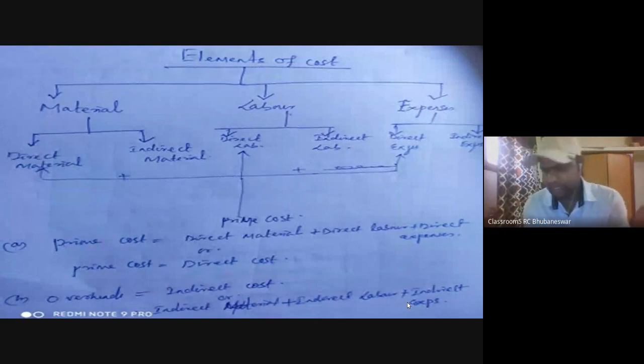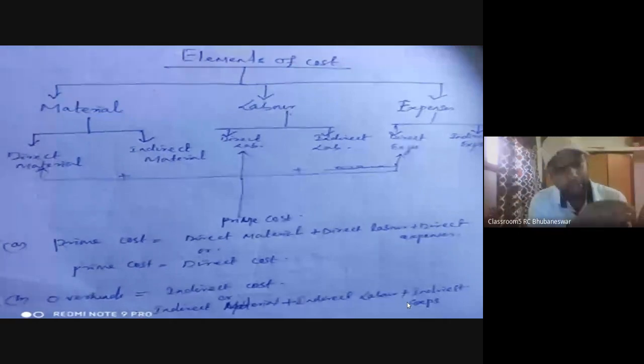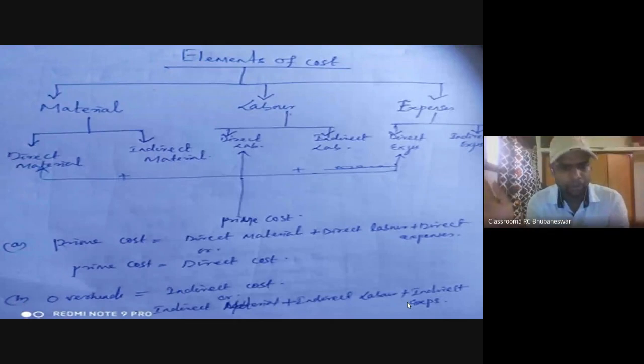There is an important part to discuss, for which we have to segregate the direct and indirect nature of material, labor, and expenses, because afterwards we will discuss that all the direct will be combined together and given a name, and all the indirect will be combined and also given a separate name. Okay, so we will discuss that one.